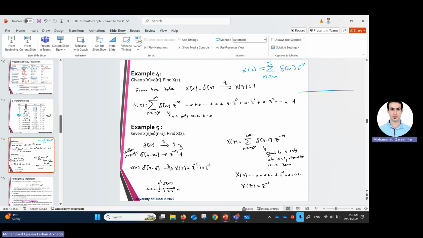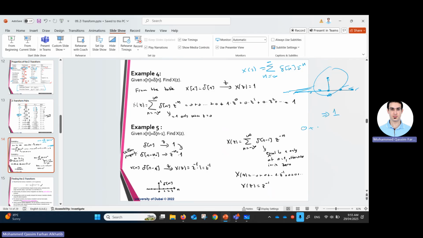Now, what do we know about the delta function? It's only a pulse at n equals 0 and 0 elsewhere. So when you take the summation, you have zeros everywhere and you have only this pulse. So actually there's no summation. There's only one sample that has an amplitude of 1. That's going to be the answer. It's 1.